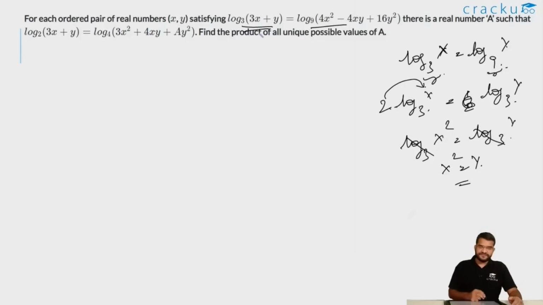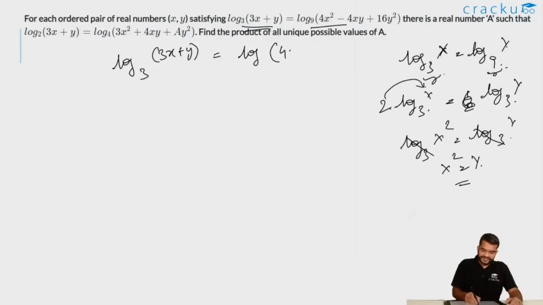So if you're looking at the first expression that is given to us, it says that log of 3x plus y to the base 3 is equal to log of 4x square minus 4xy plus 16y square to the base 9. The base on the left hand side is 3 and the base on the right hand side is 9.